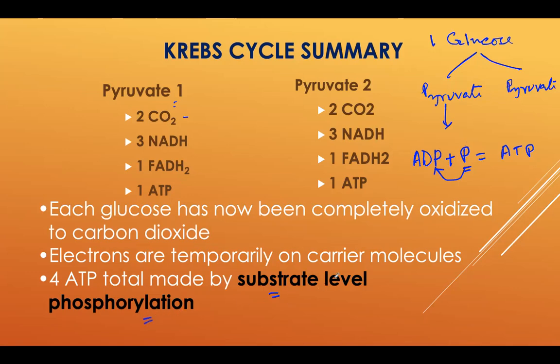Substrate level phosphorylation occurs in glycolysis and in Krebs cycle. Okay, and how many ATP do we get from substrate level phosphorylation? 2 from glycolysis and 2 from the Krebs cycle. So basically total substrate level production is 4 ATP.